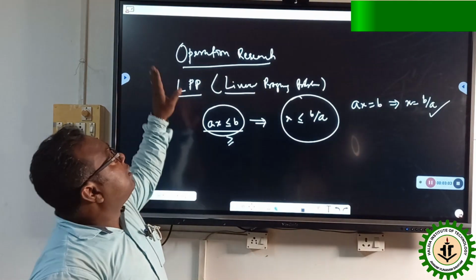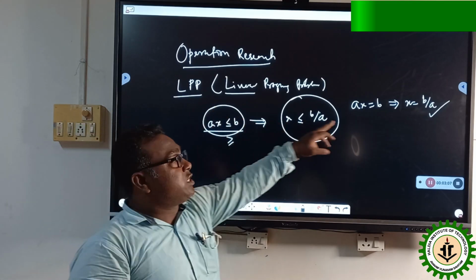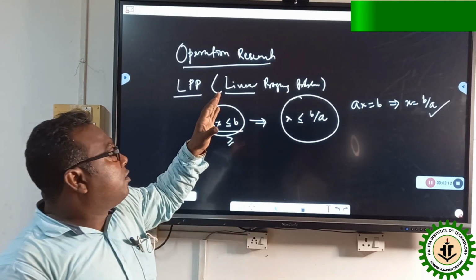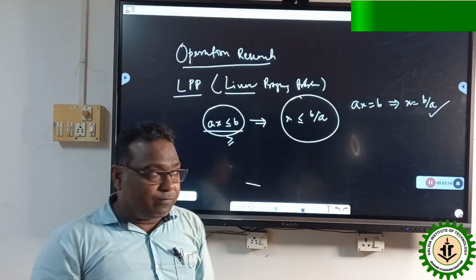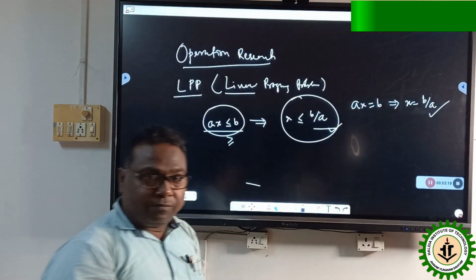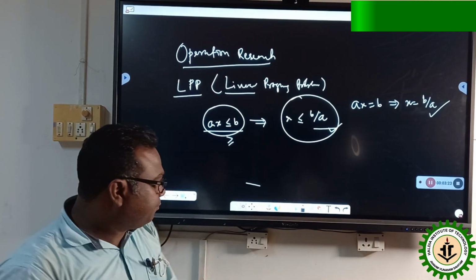So in the LPP, you are not getting only one solution, you will get a set of solutions for any inequality. We will discuss these things when we go for it.